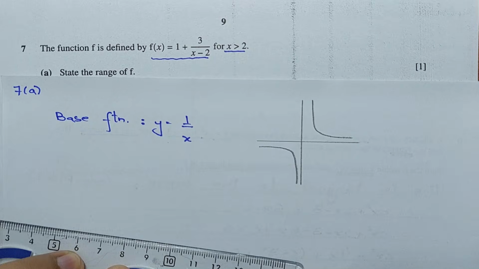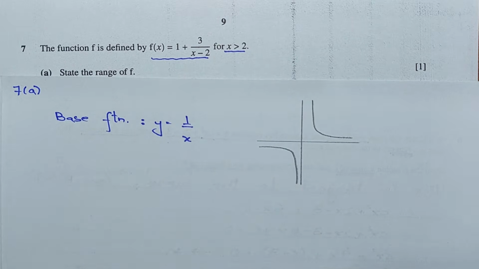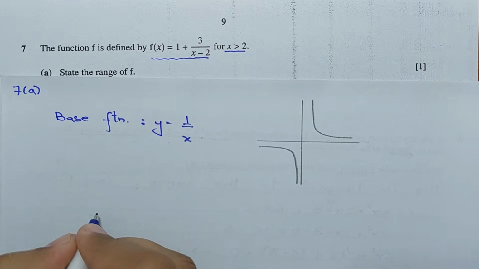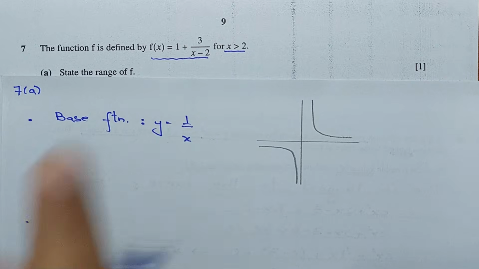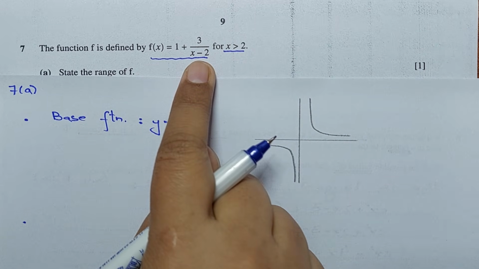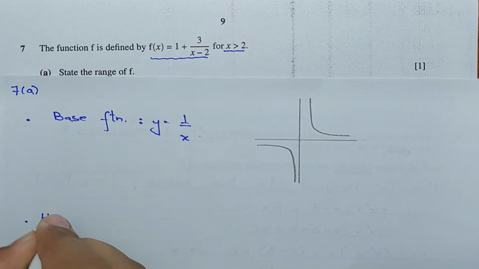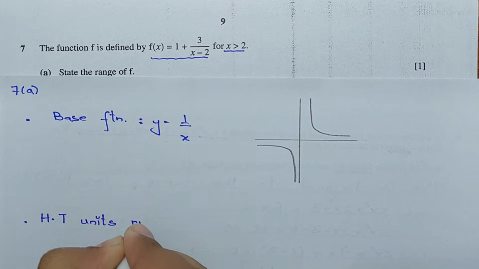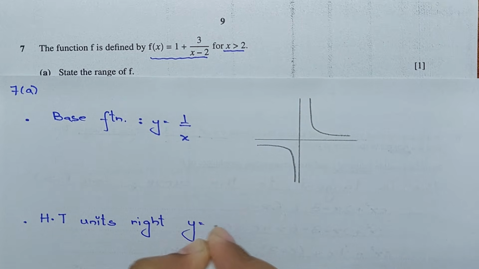All right. Now, this x is subtract 2. This is the base function. Now, when you have x minus 2, what happened? It means we have a horizontal translation 2 units to the right, which is y equals 1 over x minus 2.